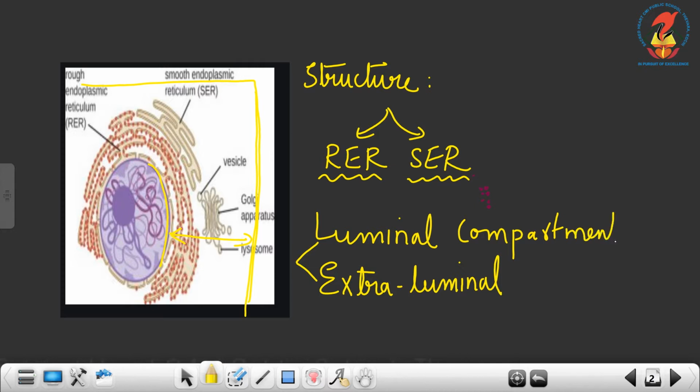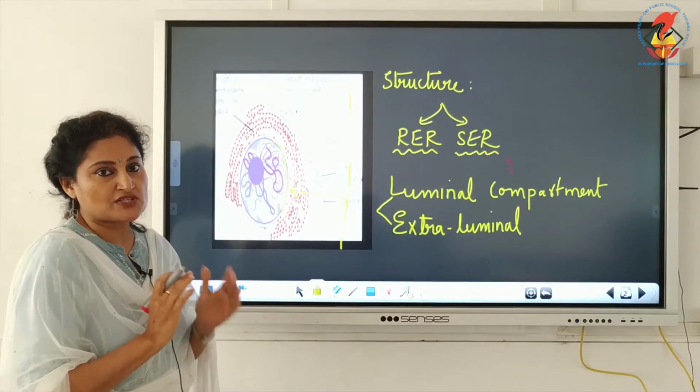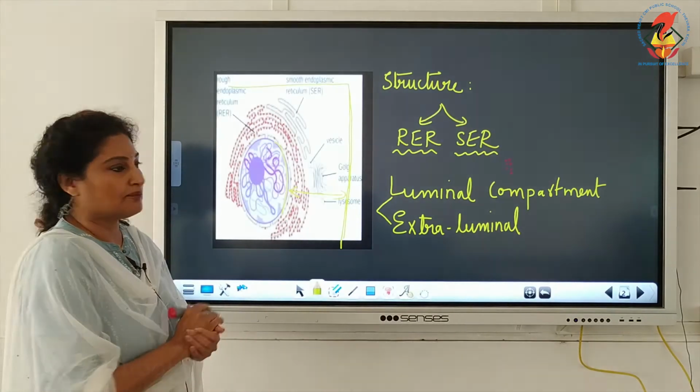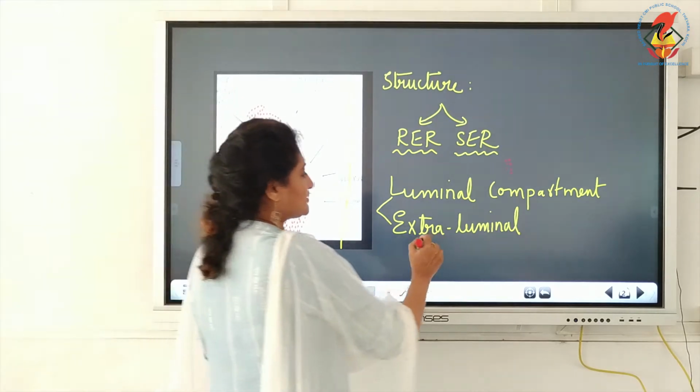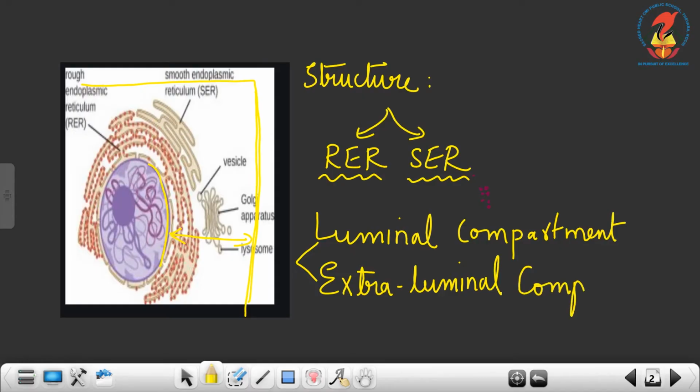So the space within the endoplasmic reticulum is called luminal space. The lumen of the endoplasmic reticulum is called the luminal compartment, and that in the cytoplasm, that is outside the endoplasmic reticulum, is known as extraluminal compartment. So we can see two compartments: the space within the endoplasmic reticulum is the luminal compartment, and outside, that is the cytoplasm, is the extraluminal compartment.